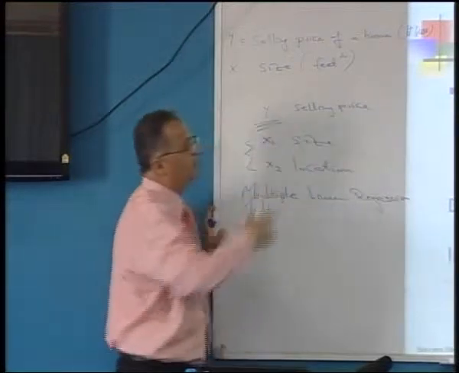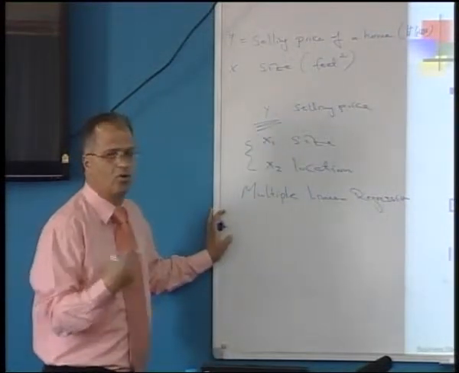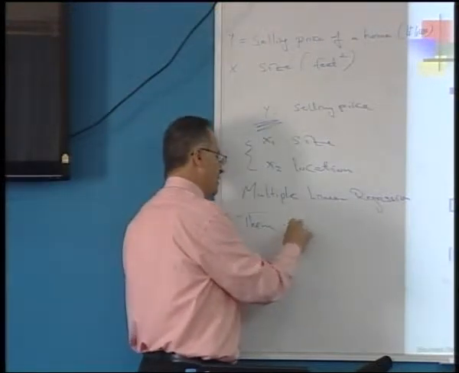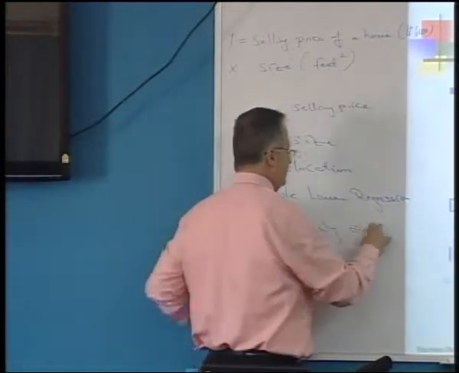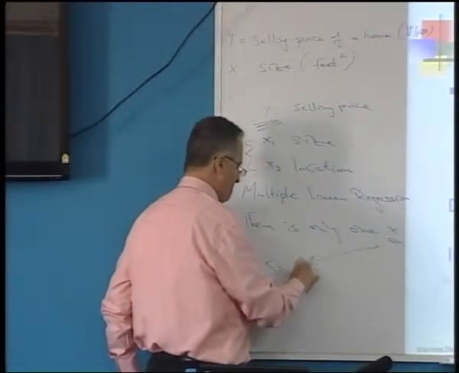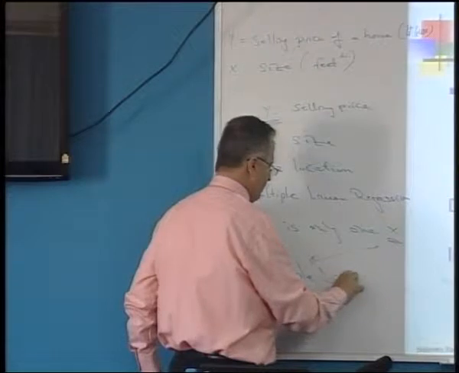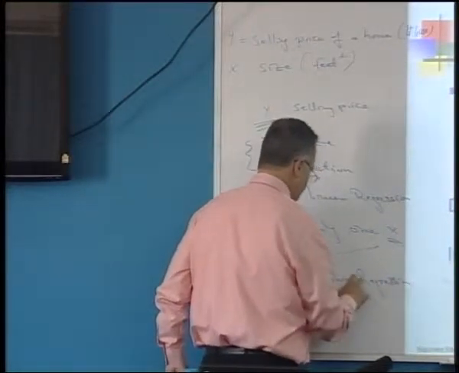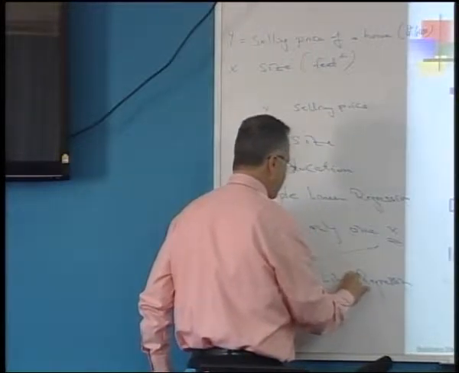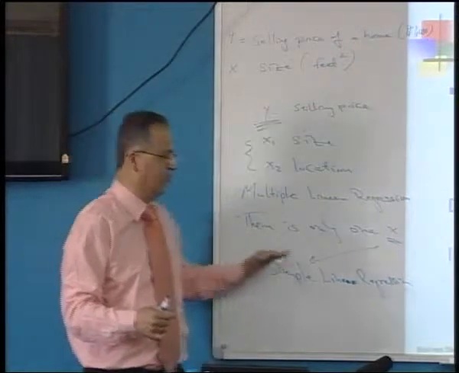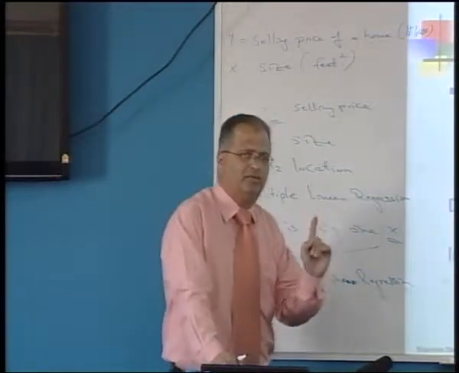Here we just talk about one independent variable. In this chapter, there is only one x, so it's called simple linear regression. The calculations for multiple regression take time, so we are going to cover just one independent variable.